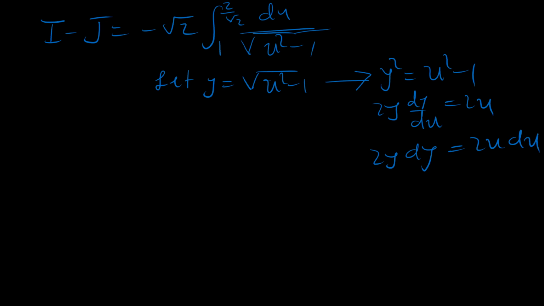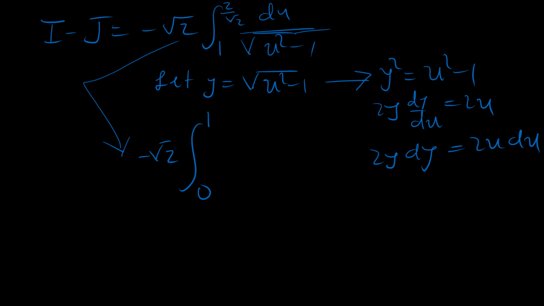And so getting this down, the limit at u equals 1, y is 0, and at 2 we have 4 over 2, which is 2, minus 1 is 1, so 1 here.